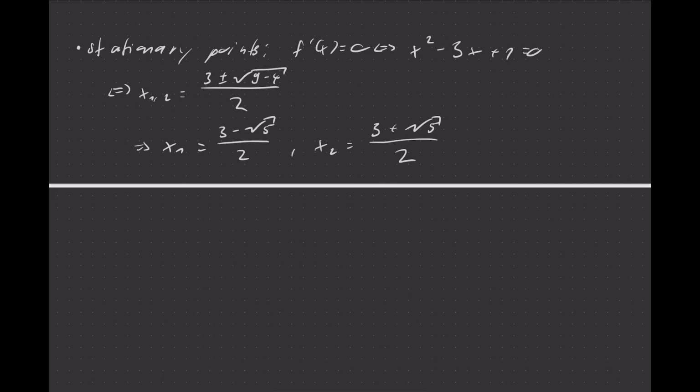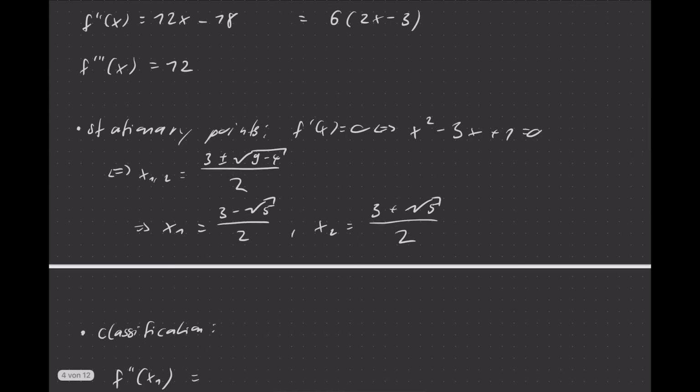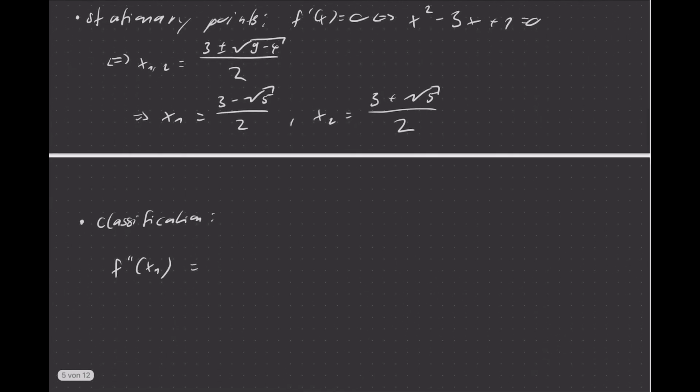So we'll use the second order derivative for the classification. f double prime of x1. Remember, f double prime is 12x minus 18, or 6 times 2x minus 3.